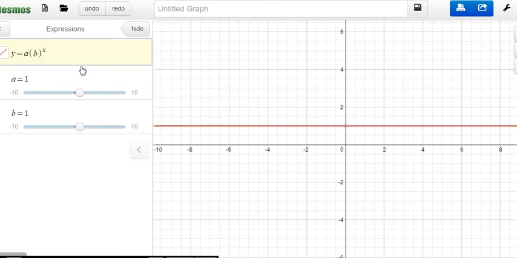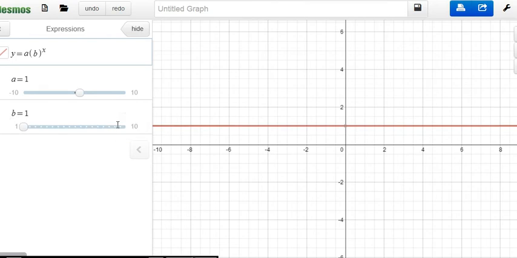So we can look at this, and this is where b equals 1, right? And we said b can't be 1. And we said b has to be greater than 0, so I'm going to go in and change this. And so we'll change that to 0, and 10 is good enough. For now, I'm going to change the step to 1, and we will step by 0.5s.